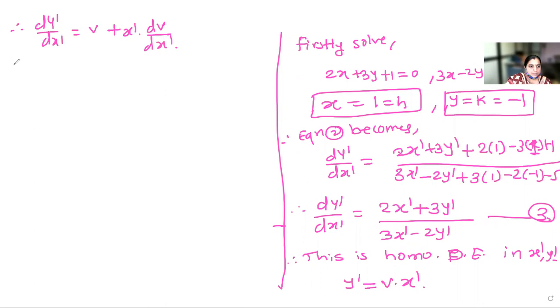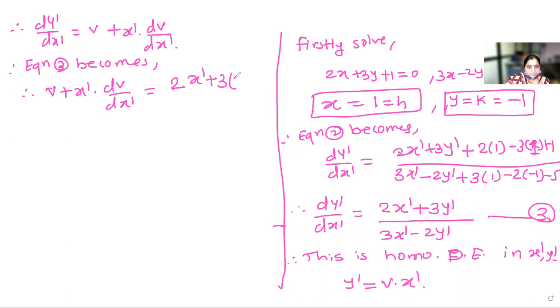So therefore equation 3 becomes v plus x dash dv by dx dash is equal to 2 into x dash plus 3 into y dash, meaning vx dash, divided by 3x dash minus 2 into vx dash.